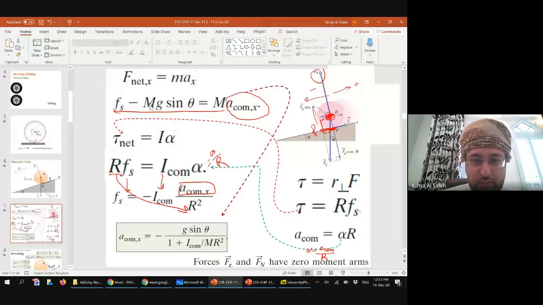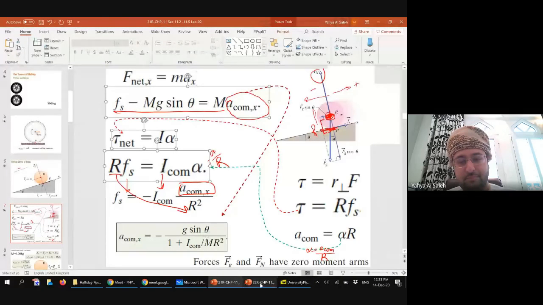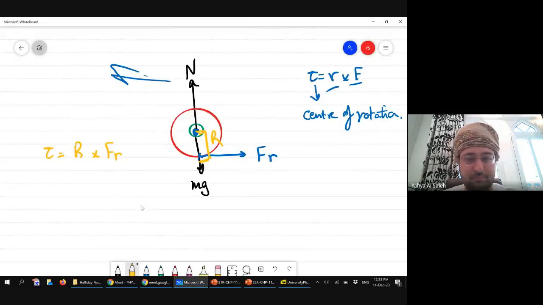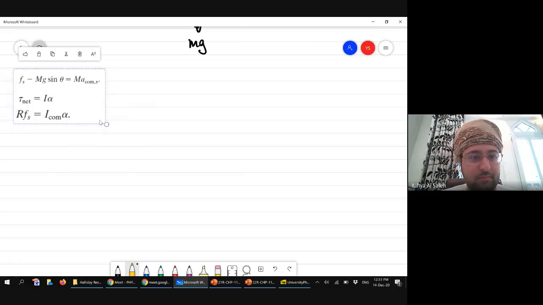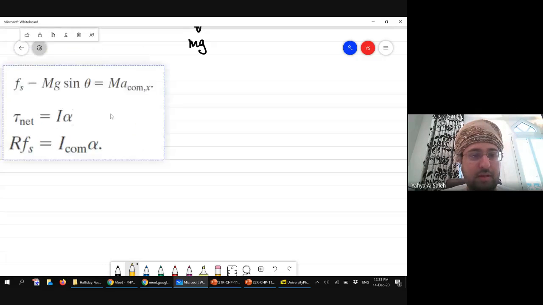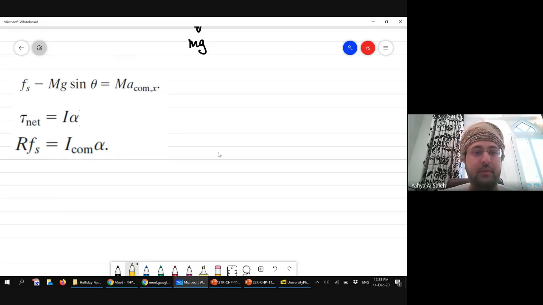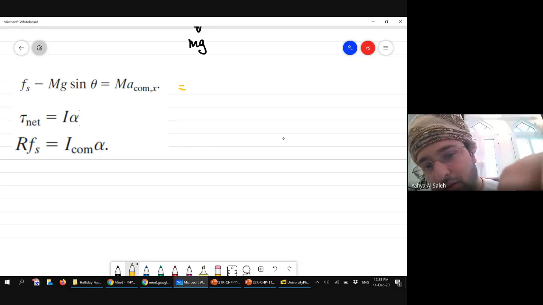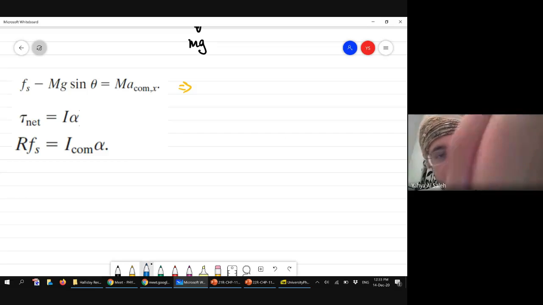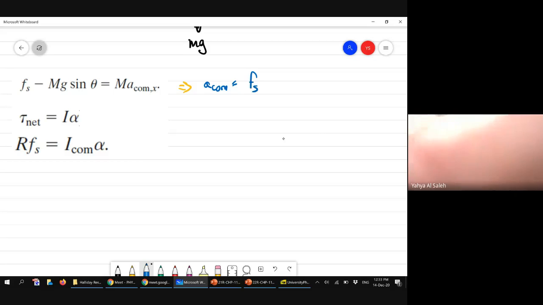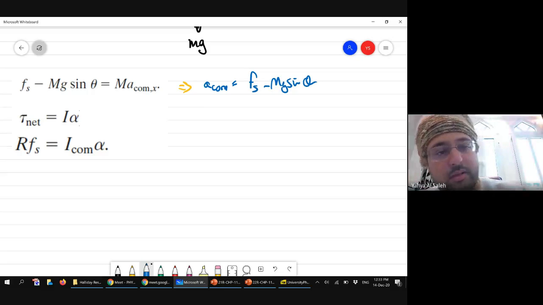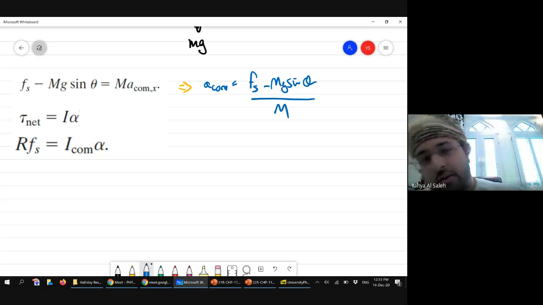Let me do it one last time. These are our three main equations. This will give me ACOM equals Fs minus mg sine theta divided by m.